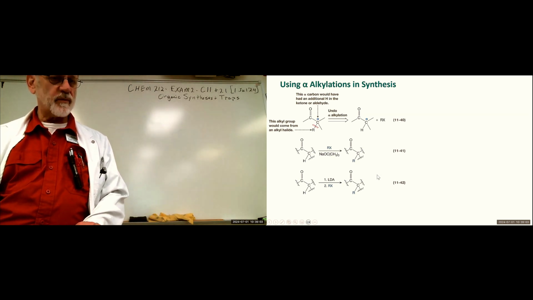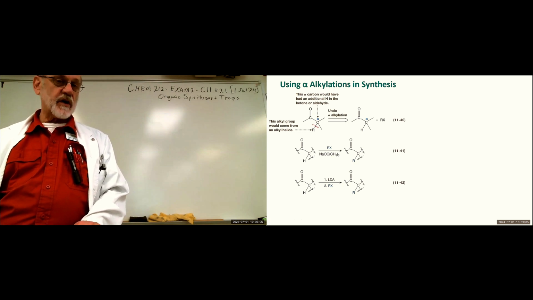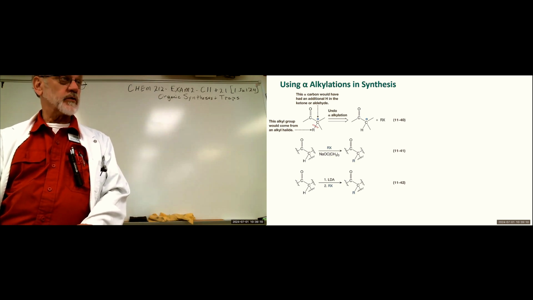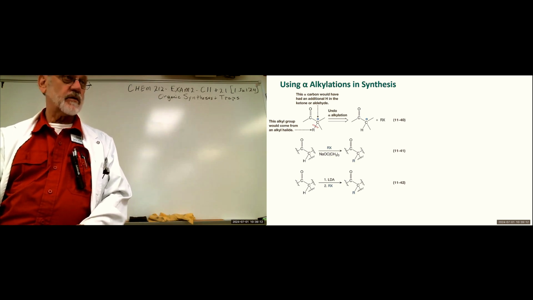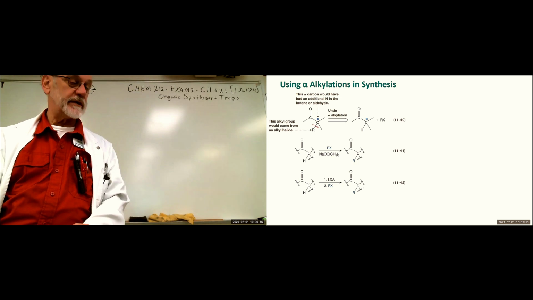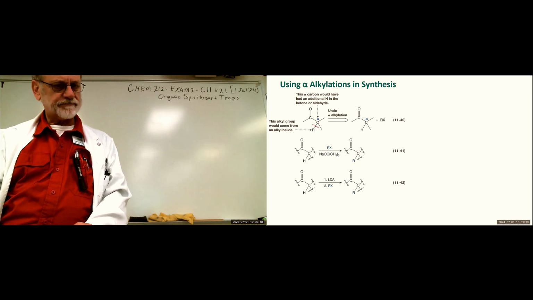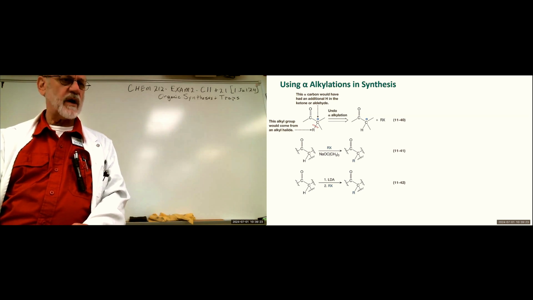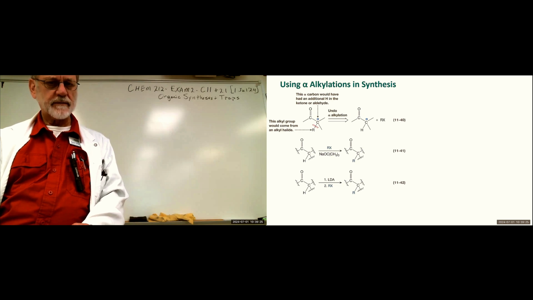Just because LDA is used doesn't mean it's the only possibility. If it's an extremely strong base, then it's going to attach on the less substituted carbon. And the weaker base is going to form the carbon bond on the more substituted carbon.